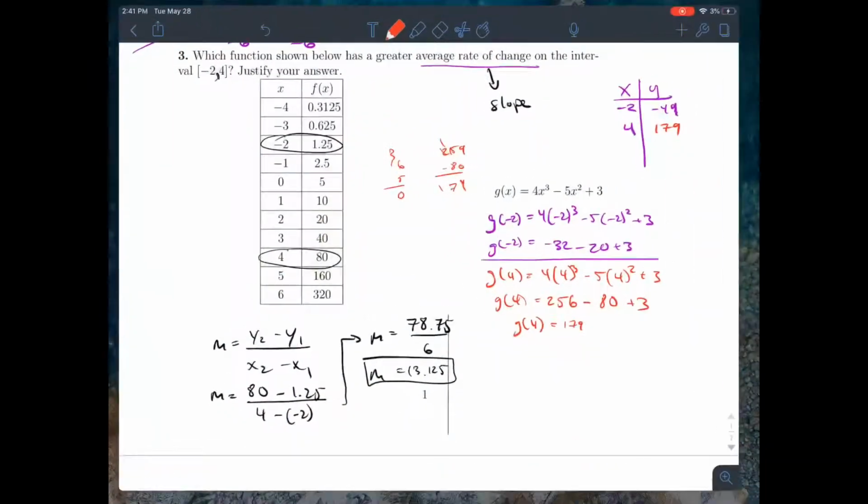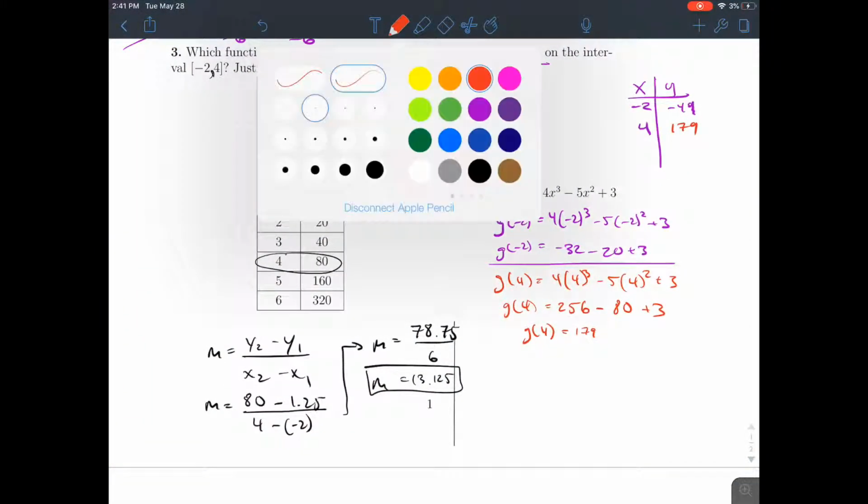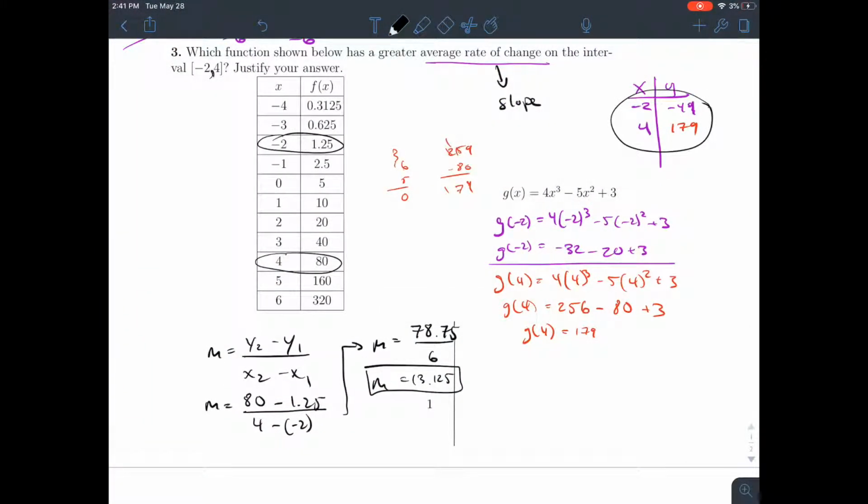Now finally, you would use the slope formula to find the slope between these 2 points. So m is, let me not use the same color. Let me go back to purple. m is equal to y2 minus y1 divided by x2 minus x1.